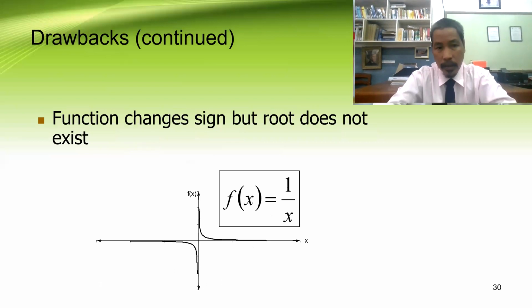Another drawback: the function changes sign, but the root does not exist. There are times, for example, a hyperbolic equation like this, 1 over x. This hyperbolic equation is rotated 45 degrees, 1 over x.